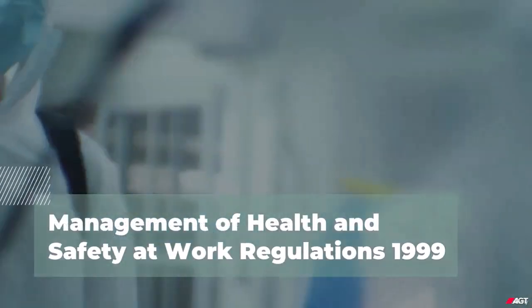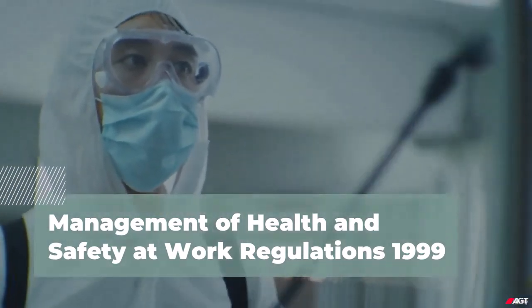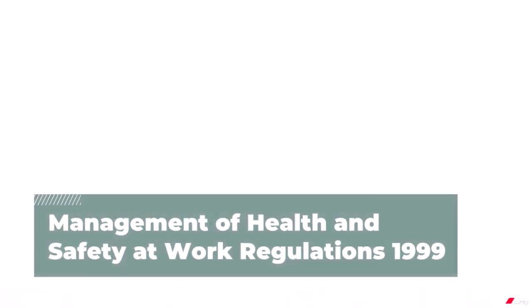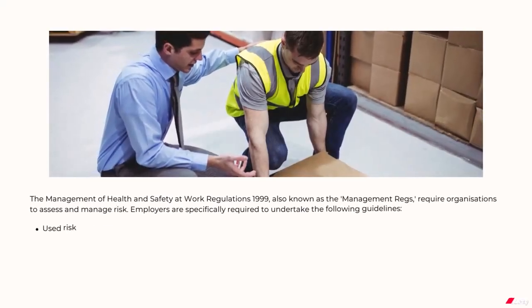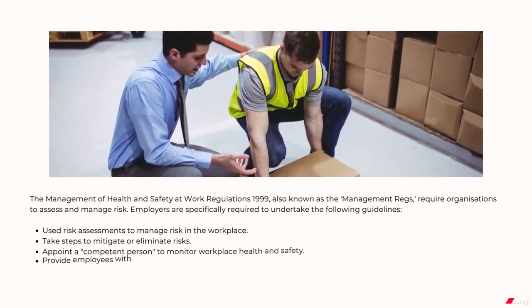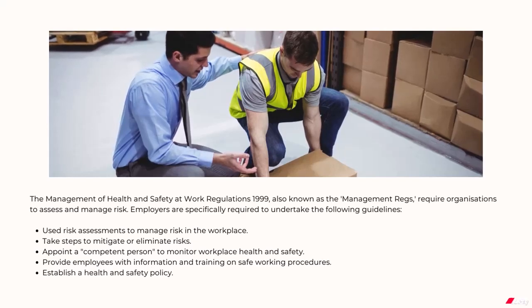Management of Health and Safety at Work Regulations 1999. The Management of Health and Safety at Work Regulations 1999, also known as the Management Regs, require organizations to assess and manage risk. Employers are specifically required to undertake the following guidelines.